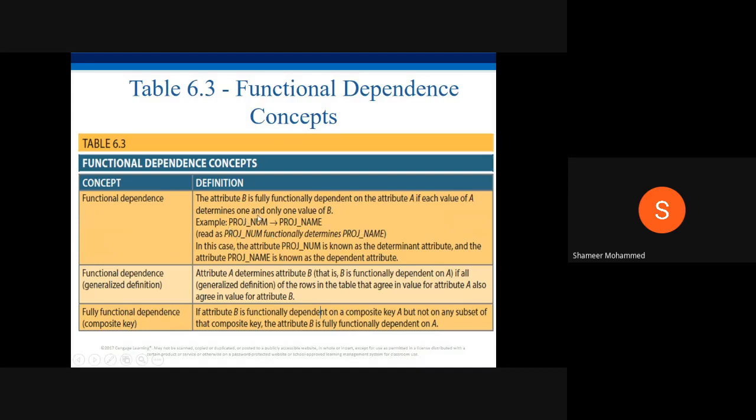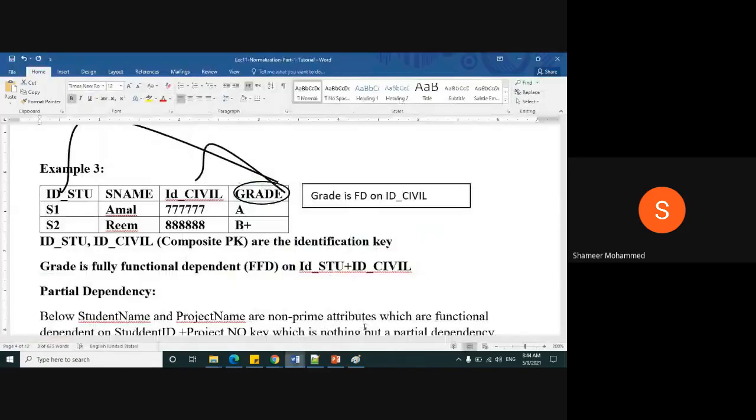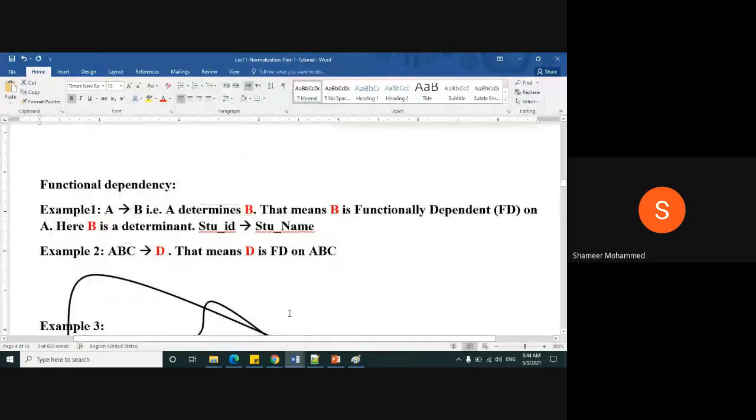So this one is the determinant attribute, project number. So I told you here what the determinant is.